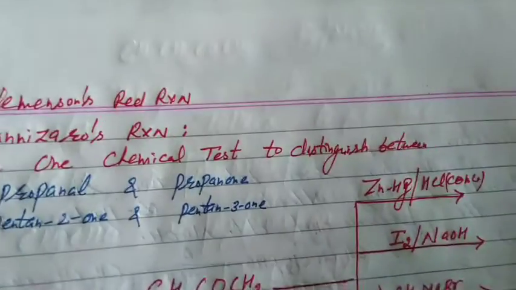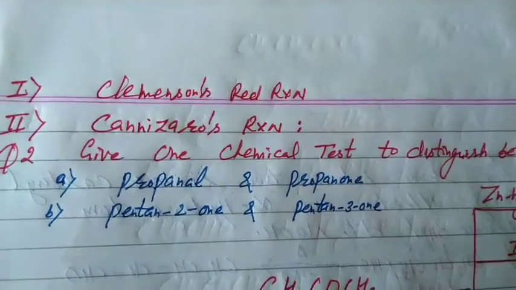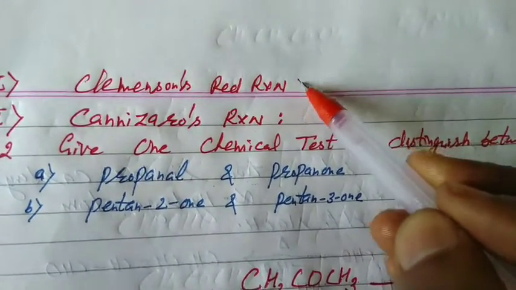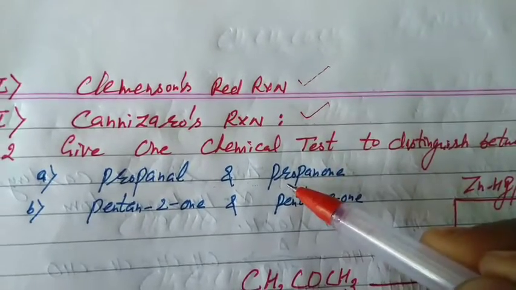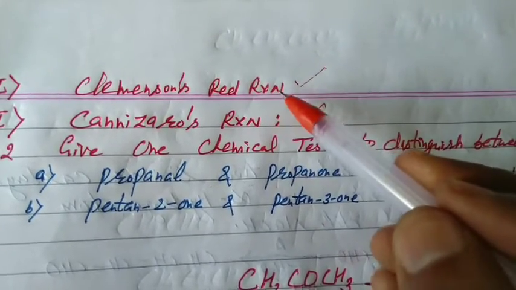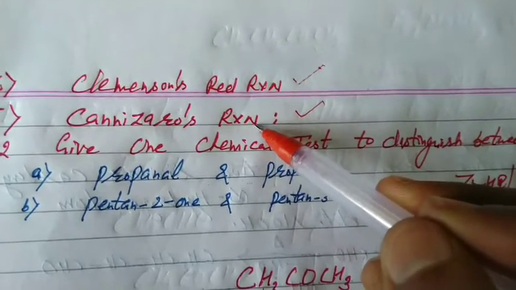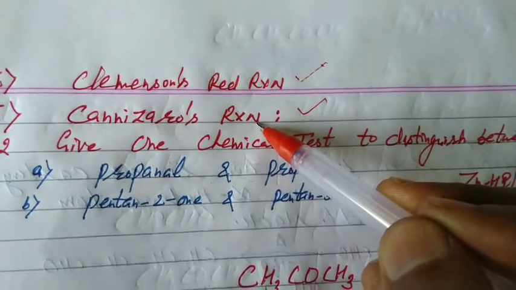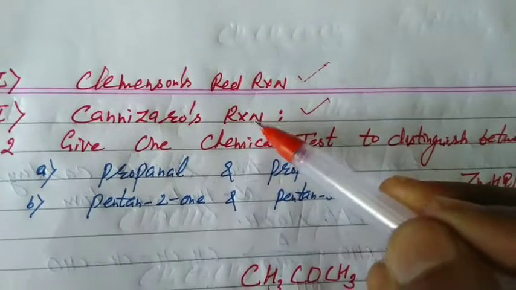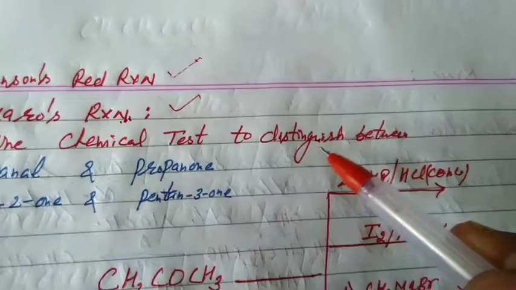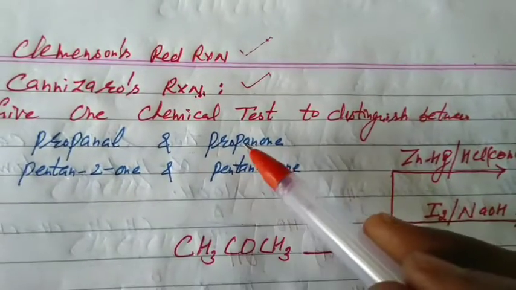After this, students, that's for your assignment. Write short notes on Clemmensen's reduction reaction and Cannizzaro's reaction. We have done Clemmensen's complete reduction to alkane. Cannizzaro's reaction is given by carbonyl compounds having no alpha hydrogen in concentrated alkali. It is a disproportionation reaction, self-oxidation and self-reduction. Give one chemical test to distinguish propanal and propanone.